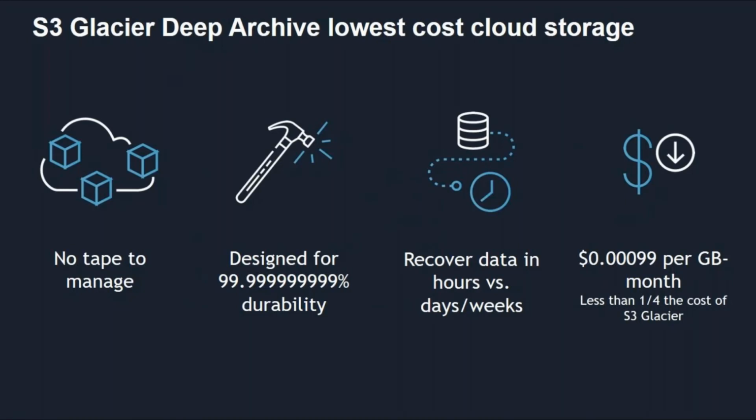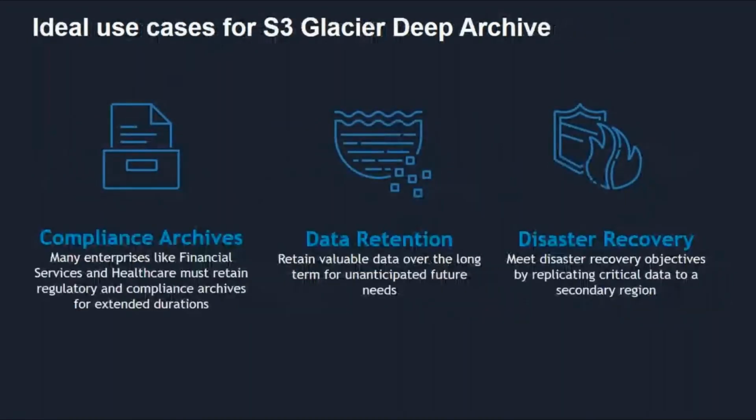And at approximately $1 per terabyte per month, you can see this is less than a quarter of the cost of S3 Glacier. So the cost savings with this environment as a fully managed class of storage without any magnetic tape to manage or any kind of environment to deal with is available to you as part of your class.